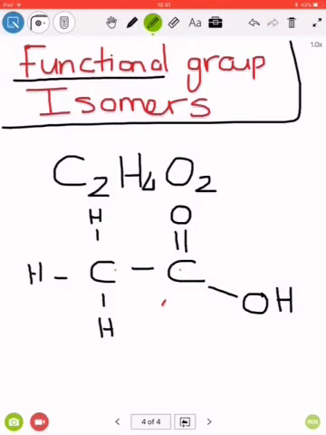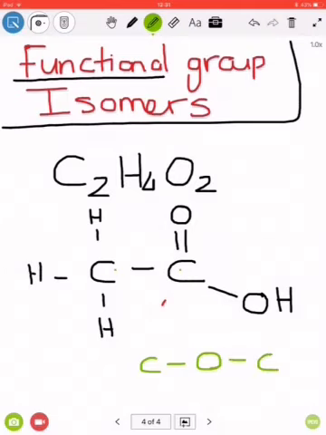If I now change this and I want the O in a different place, I need another functional group. The only other thing I can do with 2 O's in your syllabus is an ester. So I need to have my carbon, interrupted by an oxygen and then the other carbon.